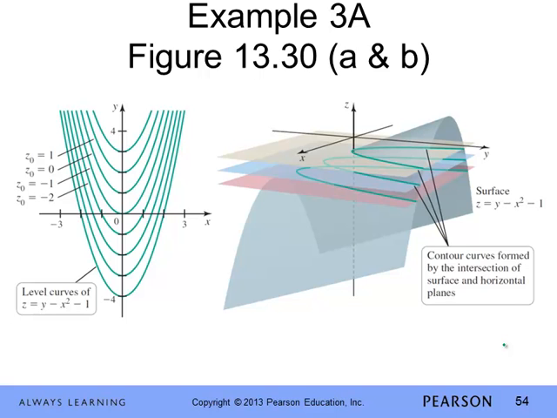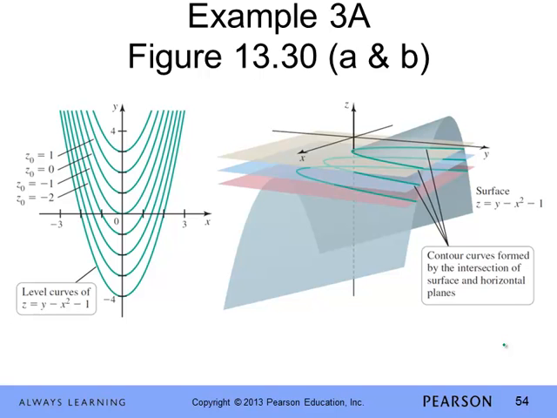Here's an equation: z equals y minus x squared minus 1. Set z equal to some different constant values like z equals -2, z equals -1, z equals 0, z equals 1. And for those different values of z, you'll have these different equations involving y and x, whose curves appear right here on the xy plane. So this will give you some information as to what the surface looks like.